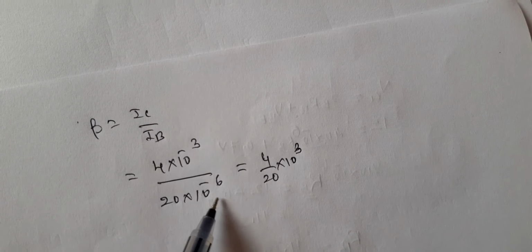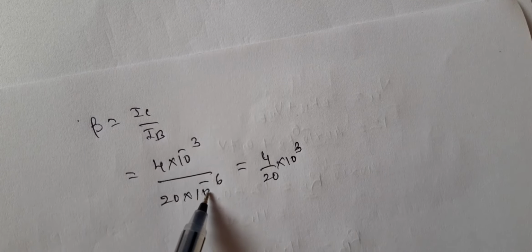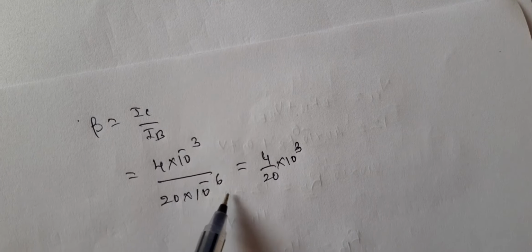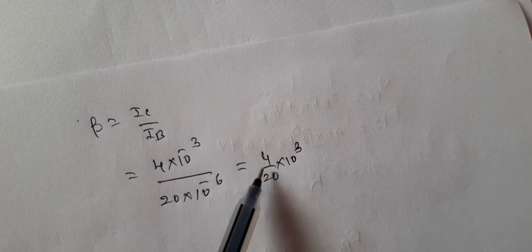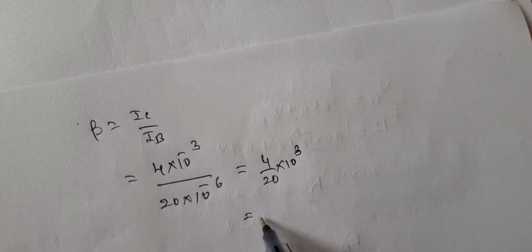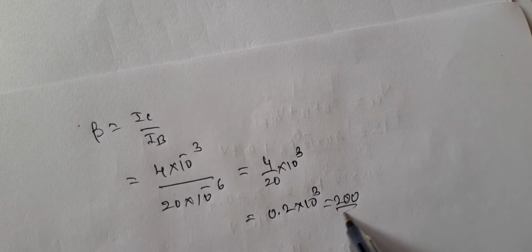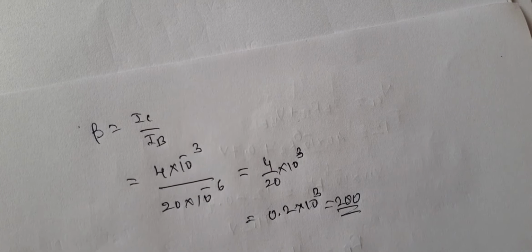Minus 3 minus minus 6 gives the 10 power minus 3 in the denominator. When it goes up, it becomes plus 3. 4 by 20 is how much? It is 200. Beta has no unit because it is a gain.